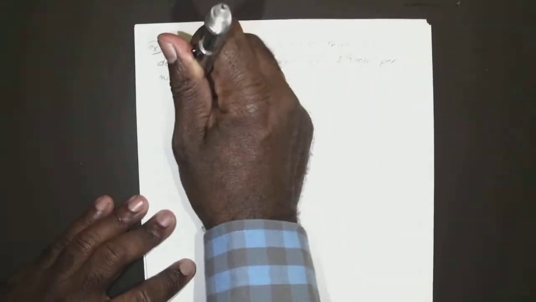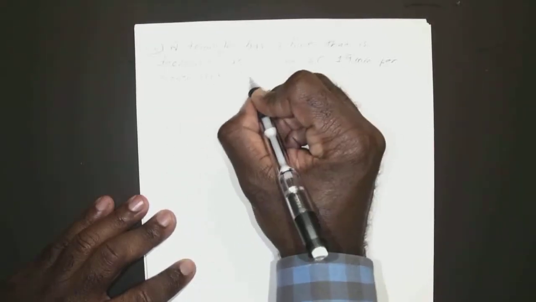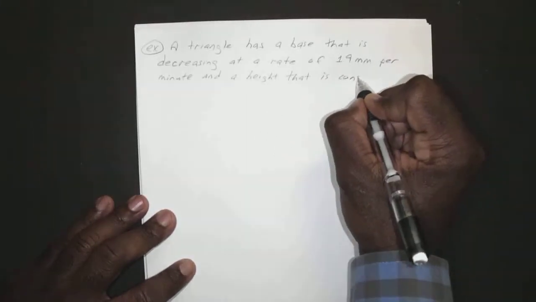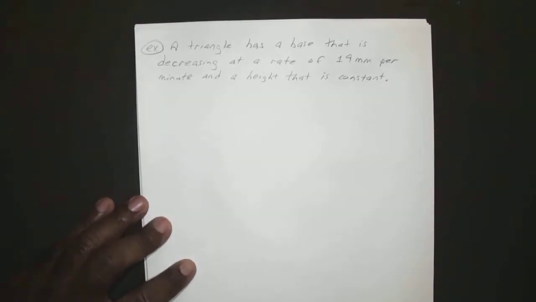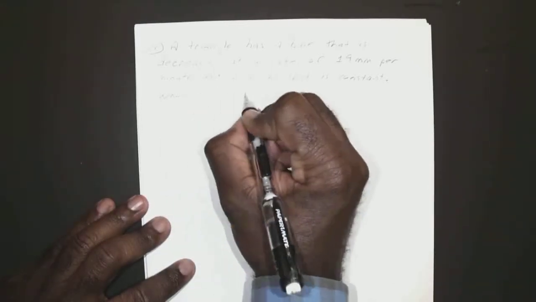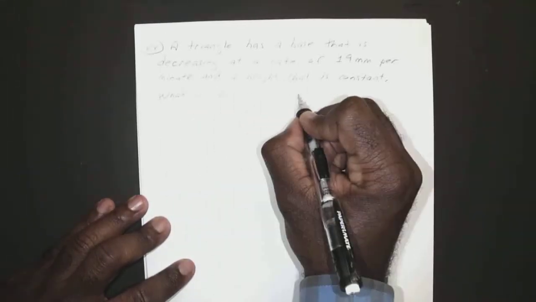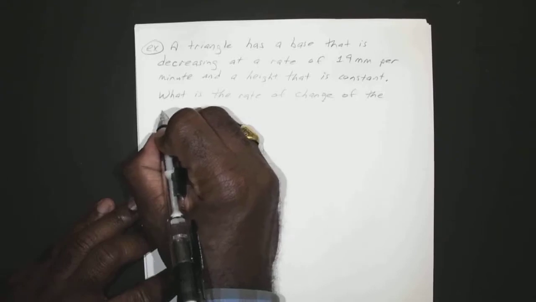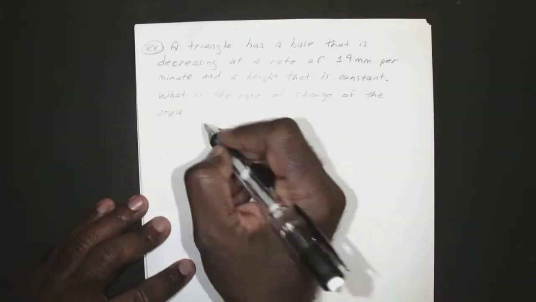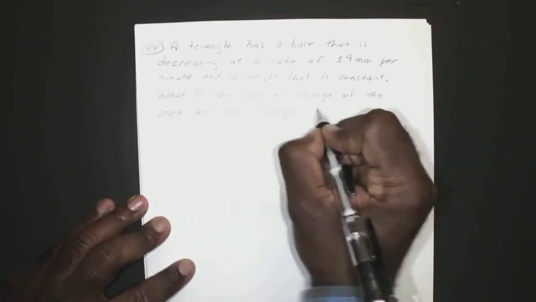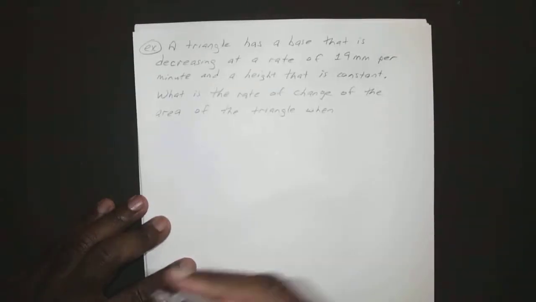And a height that is constant. Okay, so what is the rate of change of the area of the triangle when the height is equal to 4 millimeters?